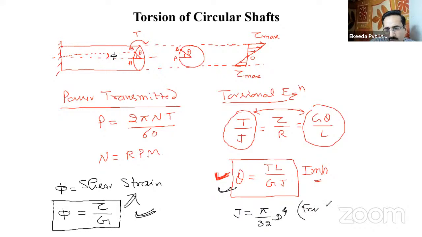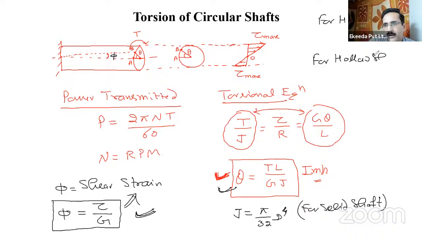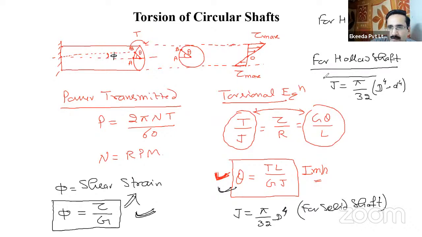For a hollow shaft, the J will be given by pi by 32 into D to the power 4 minus d to the power 4, outer dia to the power 4 minus inner dia to the power 4. This formula you have to remember for hollow shaft.